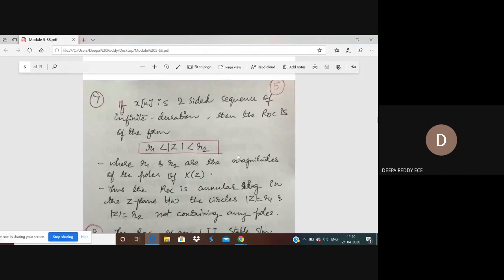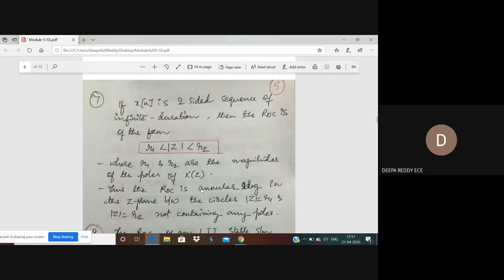For one case we said R minimum, for the other case we said R max. So mod Z is bounded between R1 and R2. One is exterior, one is interior to the given circle, where R1 and R2 are the magnitudes of the poles of X of Z.